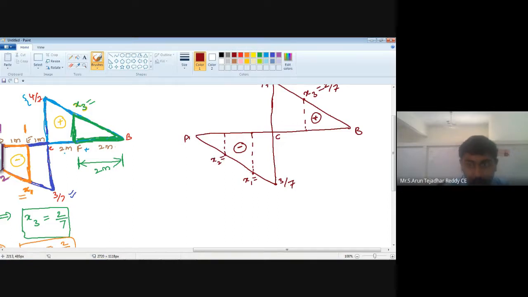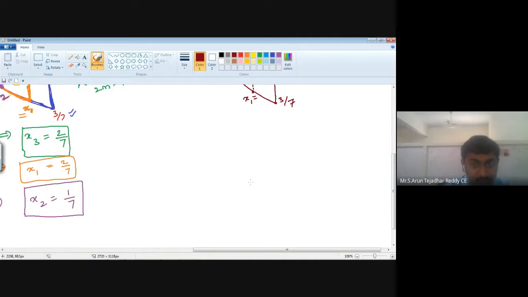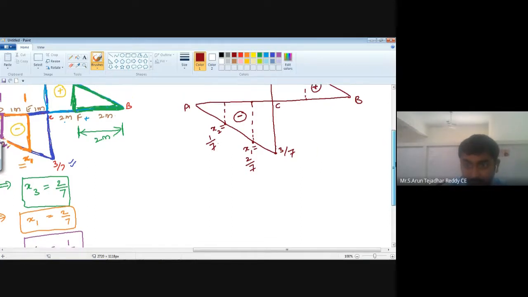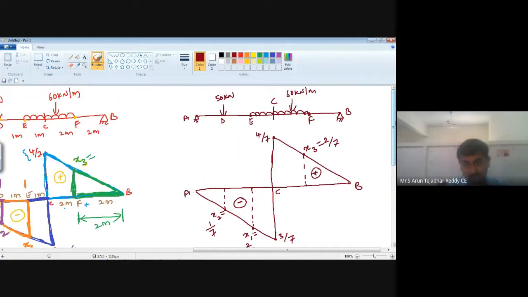What are the values of x1, x2? x1 is 2 by 7, x2 is 1 by 7. Okay. Now find out shear force at C.